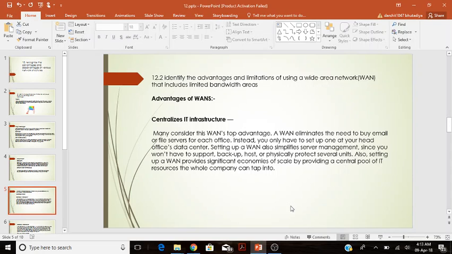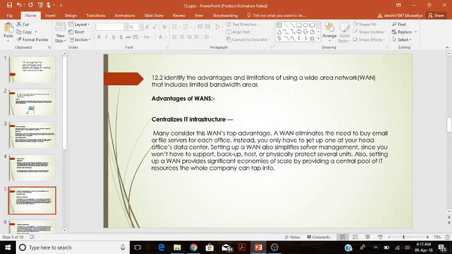Okay, so 12.2 is identify advantages and limitations of using wide area network, WAN. That includes limited bandwidth areas, right? Advantages of WAN. First, centralized IT infrastructure. Many consider that WAN's top advantage is that you don't need to buy an email or file server for each office.